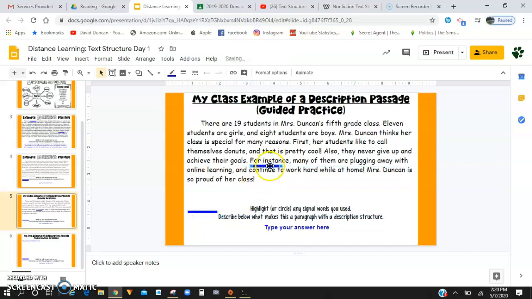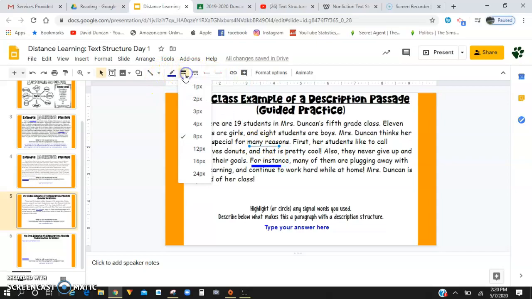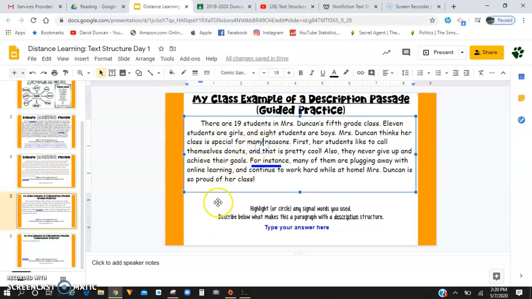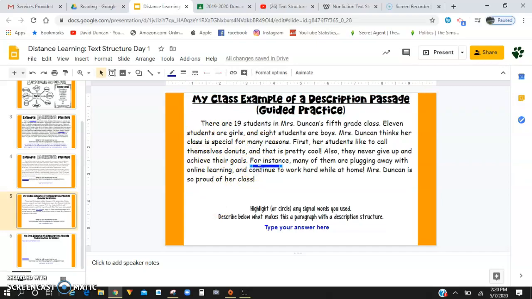Okay, for instance, and the other one is many reasons. Oh goodness. See guys, I'm trying. Now I'm just going to slide it up. All right. We're all learning with this technology stuff. There we go. These are 2 signal words that I use to help me understand. I wrote this using the description text structure.